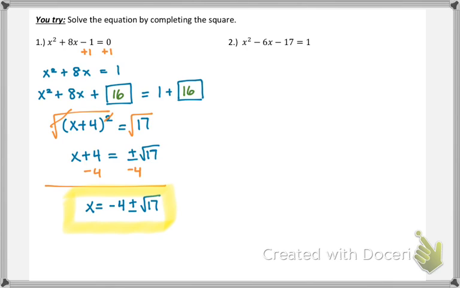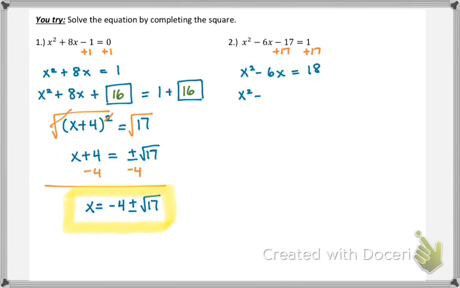Okay, and then number 2, a little bit tricky in the final answer, so be very careful. Again, I'm going to move the 17 by adding it to both sides, move the c value. That's going to leave me with x squared minus 6x equals 18.